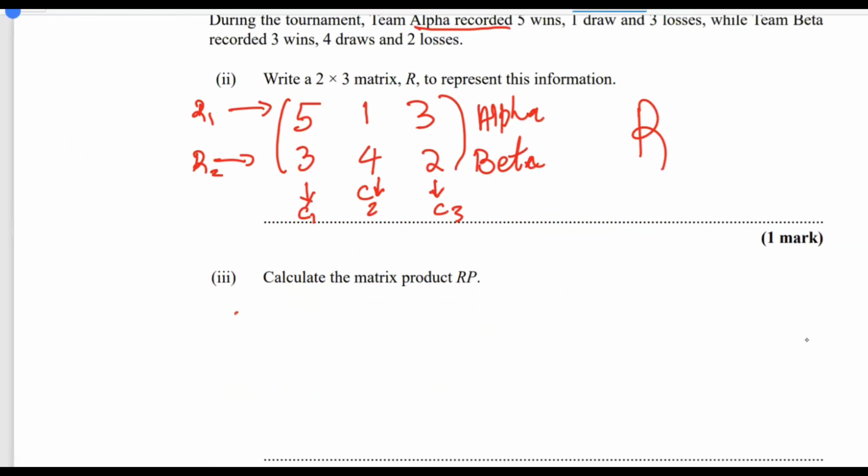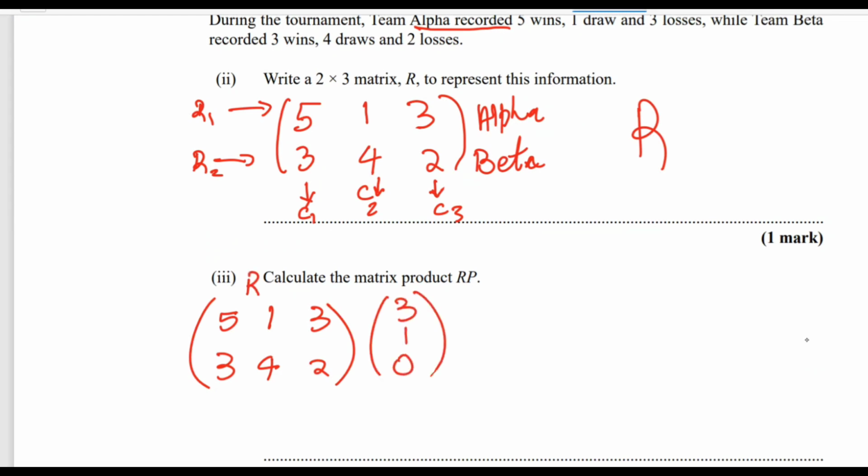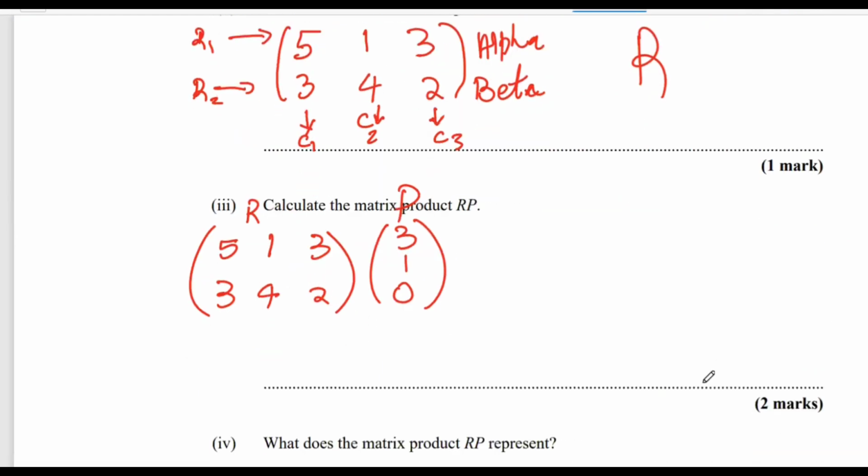R is 5, 1, 3, then we have 3, 4, 2. That is matrix R. And then matrix P was 3, 1, 0. That's matrix P. So we would have had those.